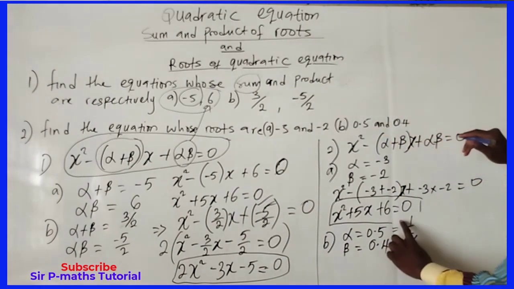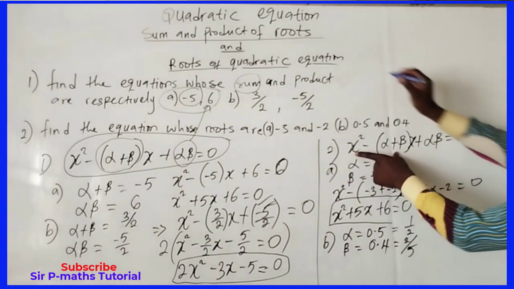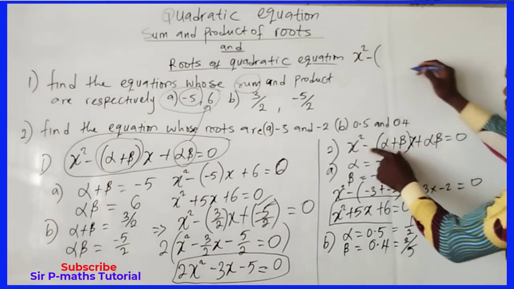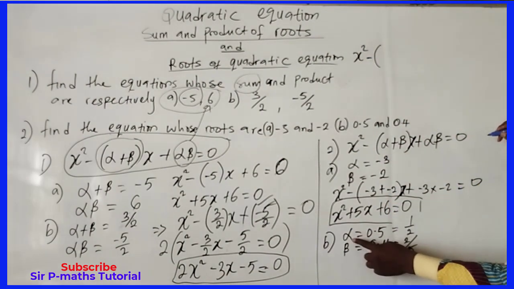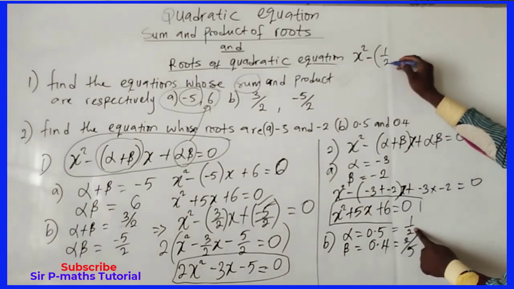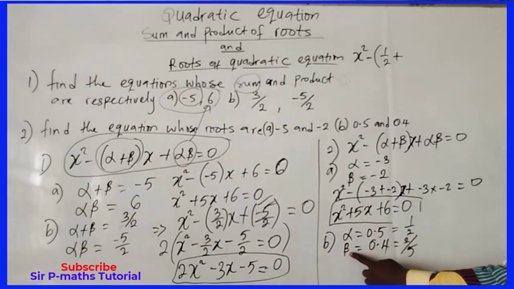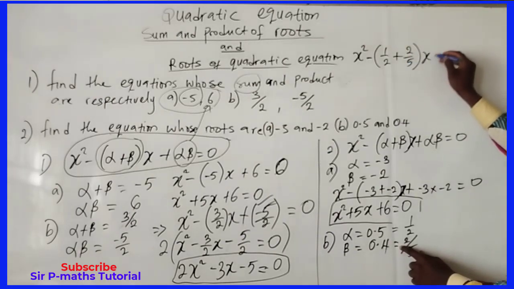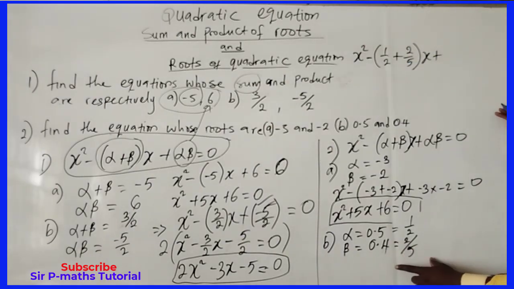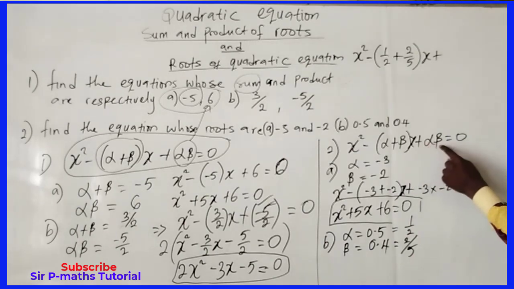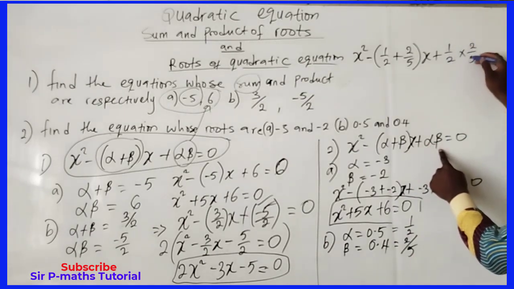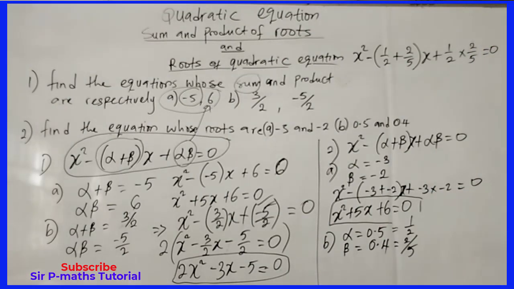So putting them in the formula, recall this formula. I will have x squared minus, open a bracket, my alpha is 1 over 2 plus my beta is 2 over 5. Close your bracket and put x, plus then the next I'll have is alpha beta. That means 1 over 2 times 2 over 5 equal to 0.